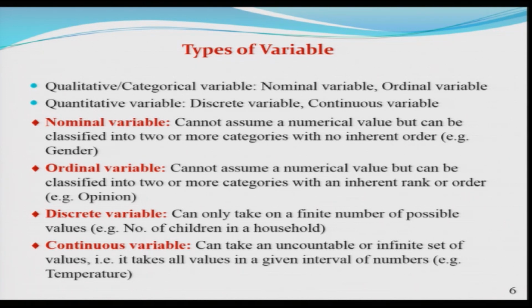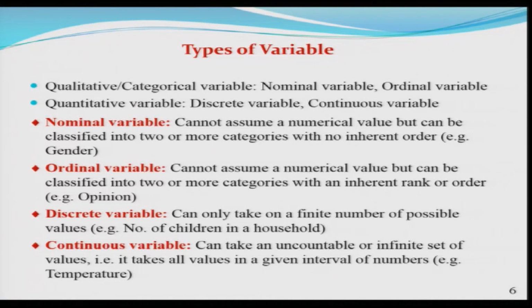But in this ordinal variable case, actually we can classify this type of variable into two or more categories with an inherent rank or order. Now an example of ordinal variable could be public opinion. Suppose I ask you a particular question, do you support that we should adopt more renewable energy in place of fossil fuel energy, even if it raises our electricity bill?